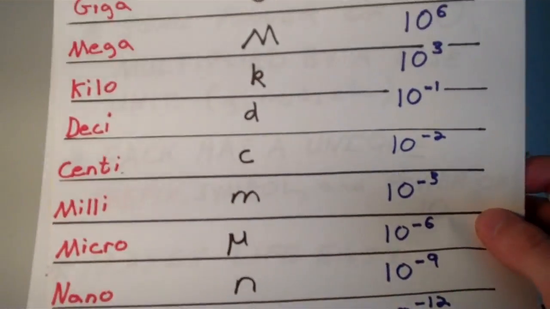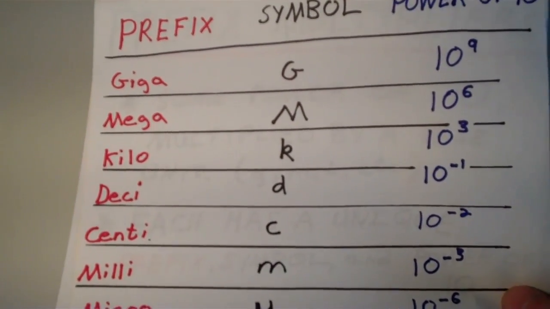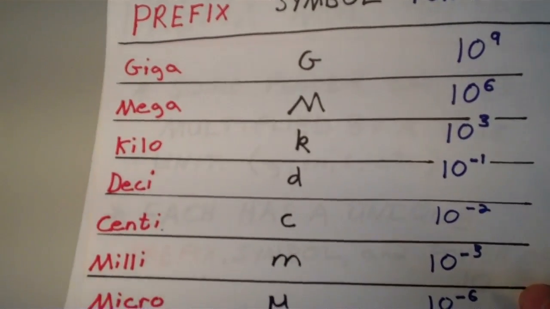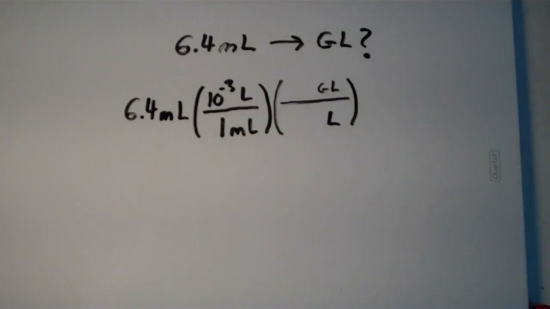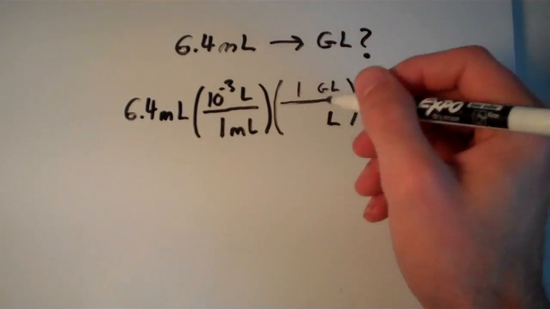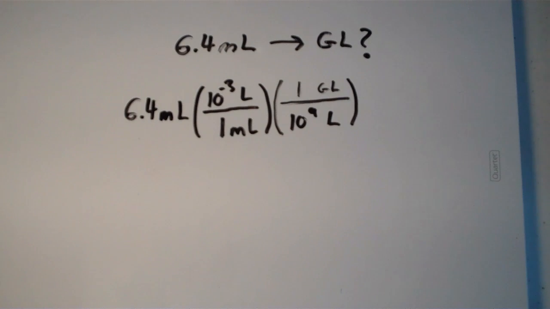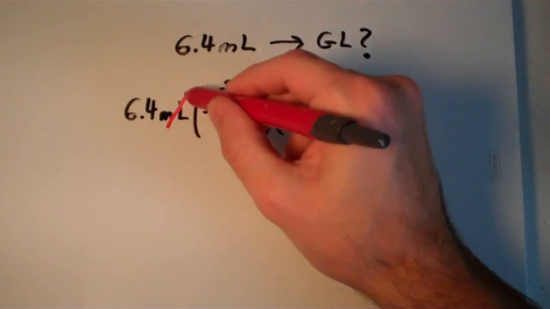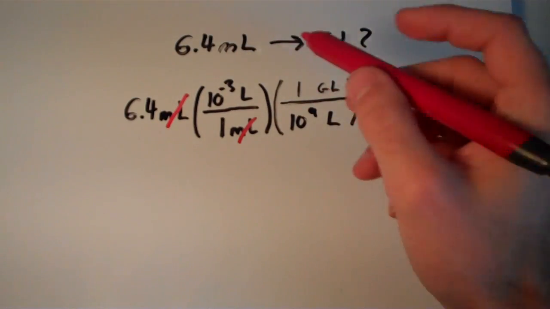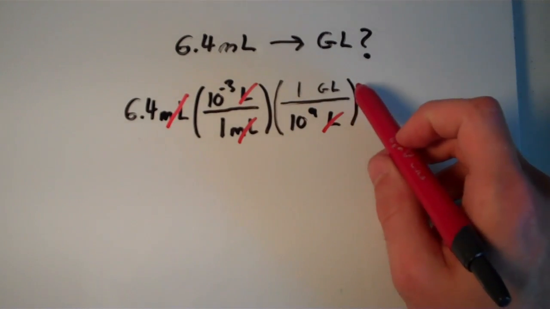The prefix for giga is 10 to the positive 9. So for every 1 gigaliter we have, there are 10 to the 9 liters. Making sure our units cancel, milliliters cancel here, and the liters cancel here, and we're left with nothing but good old gigaliters.